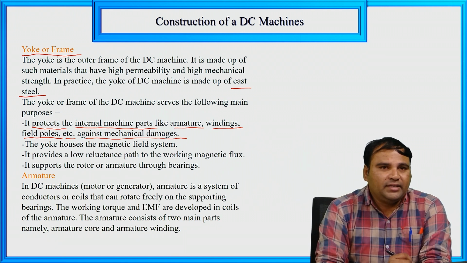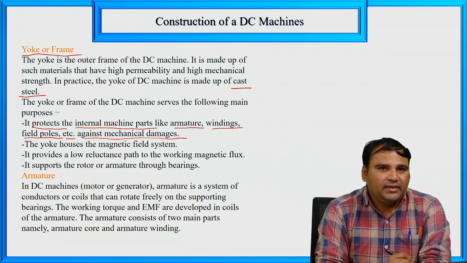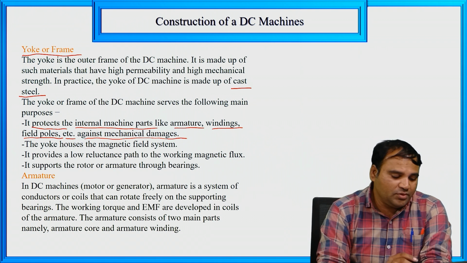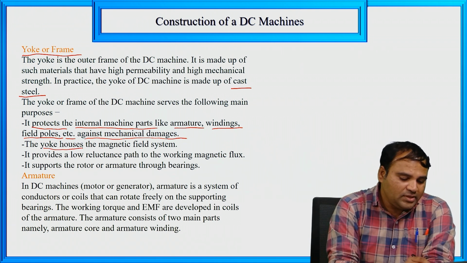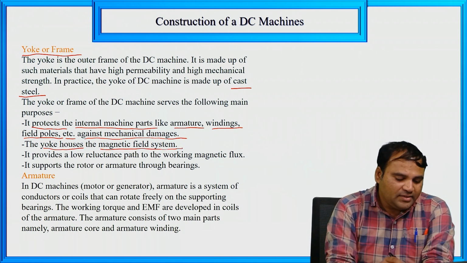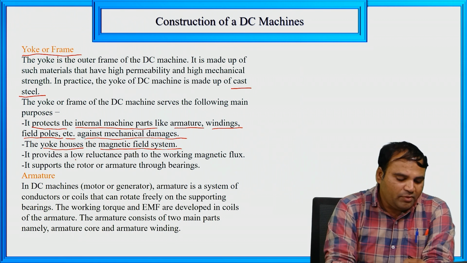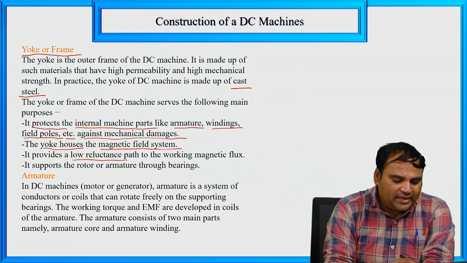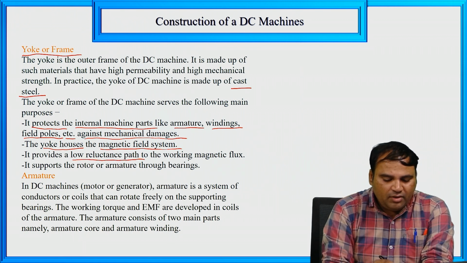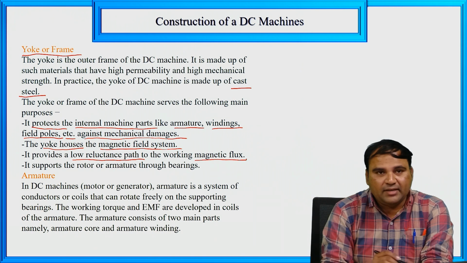The next point is that the yoke houses the magnetic field system, and it provides a low reluctance path to the working magnetic flux.